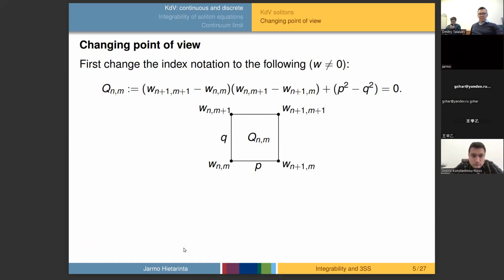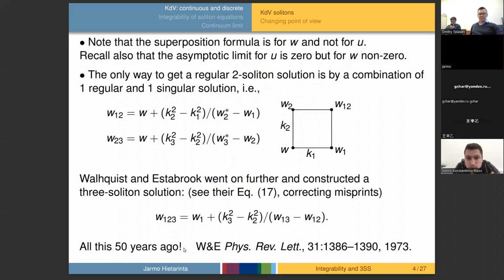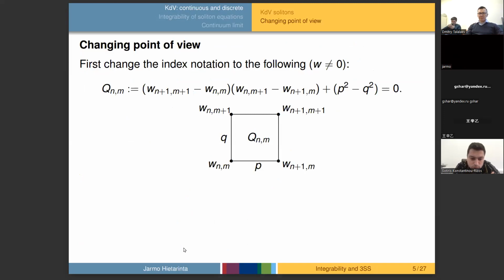Okay, now comes another step. Maybe some computer or AI system, you can teach them to construct Backlund transformation by trying various things and so forth. But this step that now follows is something that you cannot really expect some artificial intelligence system to realize, because we changed the point of view.